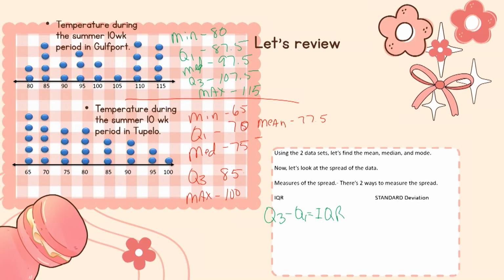And like I said, my standard deviation is a distance. We want to make sure that we know it is the distance from data points to the mean. So these are two completely new topics that we are learning.